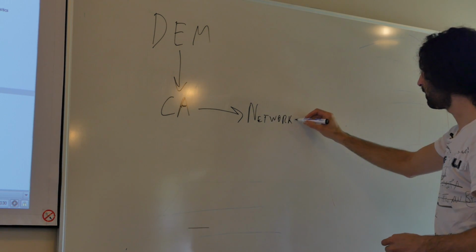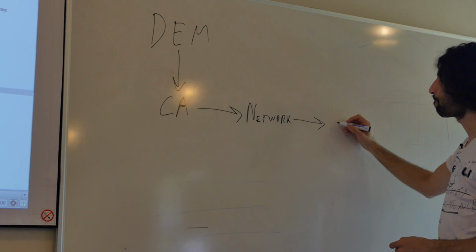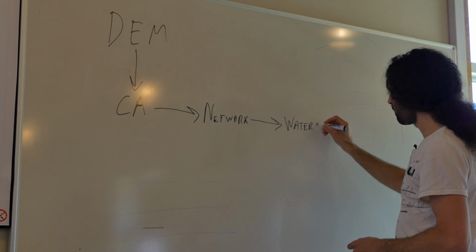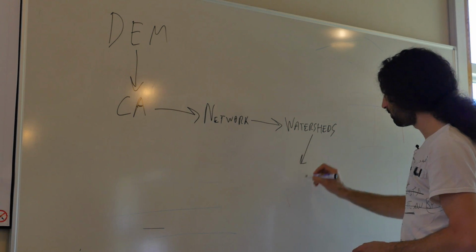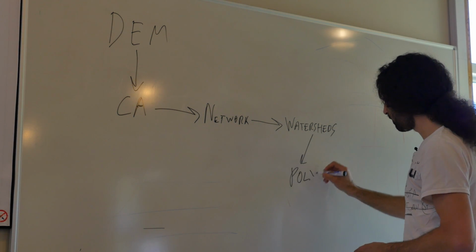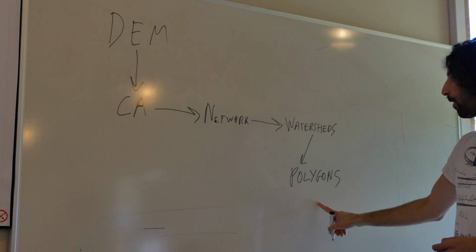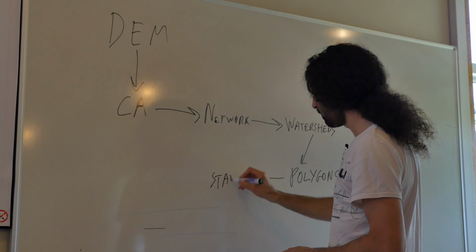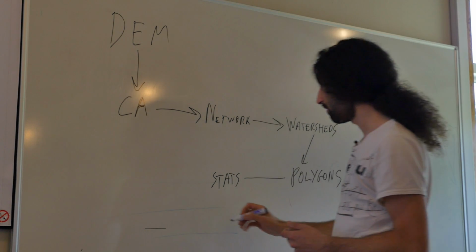From the network, I get the watersheds. Then I vectorize that. I get polygons. And then with the polygons, I get the statistics, right?